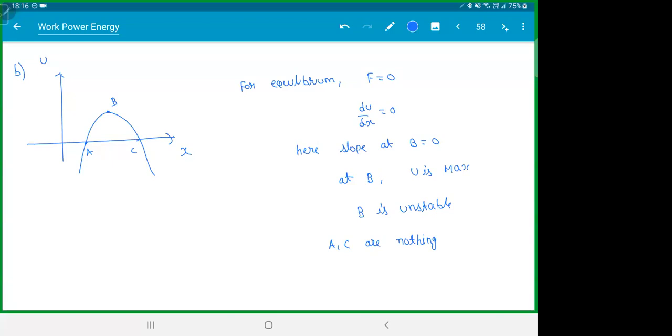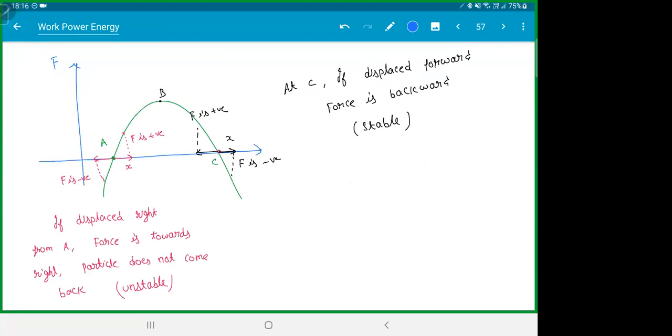Check it out. All got this? Next one. From point A, if you go forward, X is positive and F is also positive.